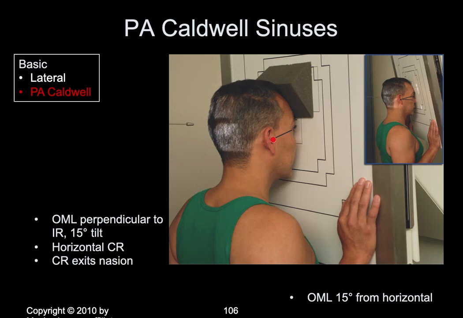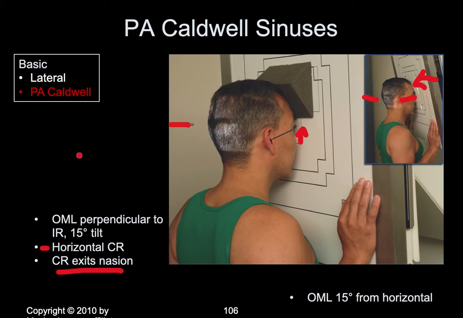So you can put your OML perpendicular, and then you're going to bring the head up 15 degrees. Or you can put your OML perpendicular and you can tilt the Wall Bucky 15 degrees, but it's still exiting the nasion, and you still have a horizontal central ray because you don't want to angle your central ray, okay?